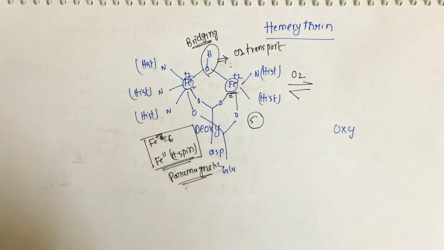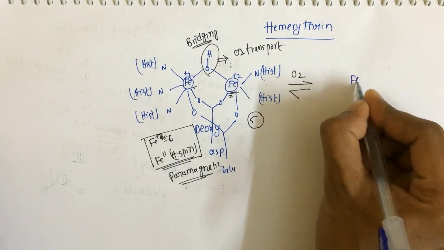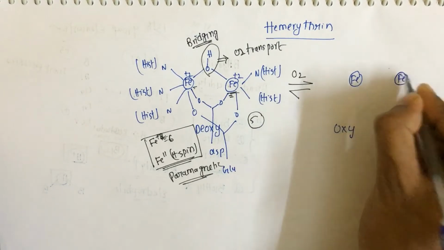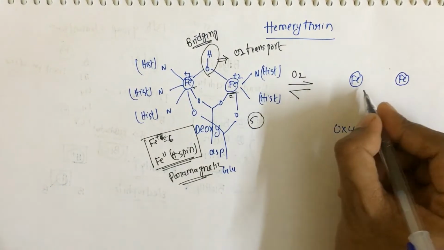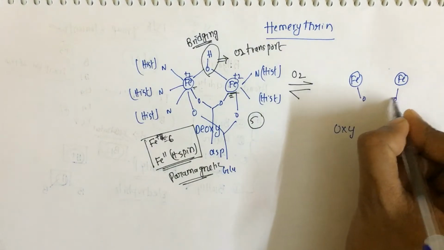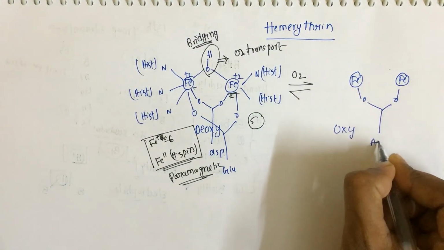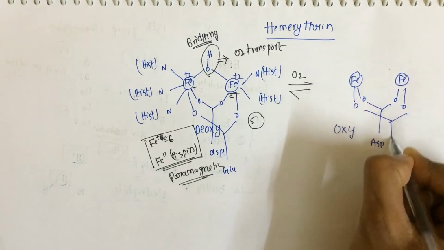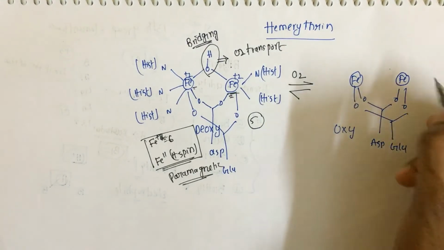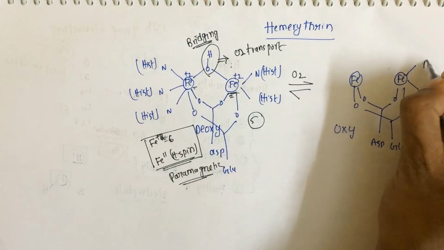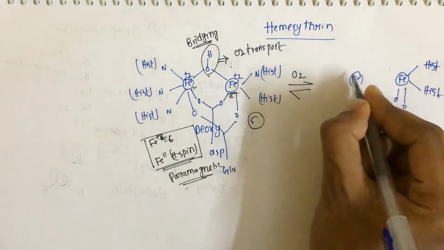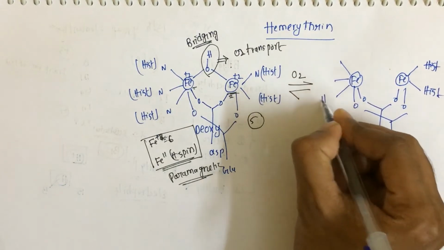So oxygen will come here, and both iron atoms here are in a +3 oxidation state. Aspartic acid, glutamic acid, and two histidines are here, and here 3 histidines.